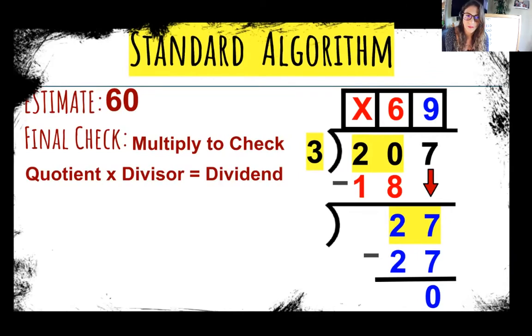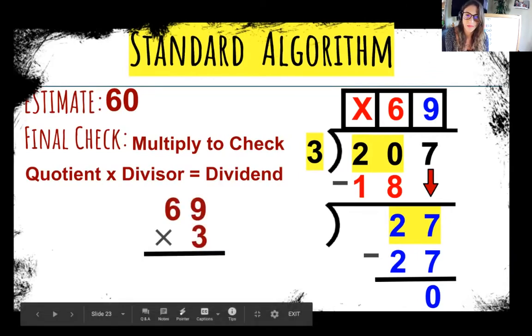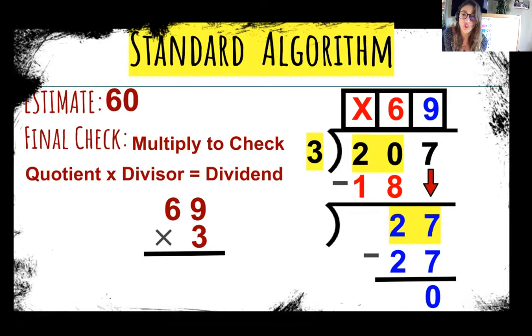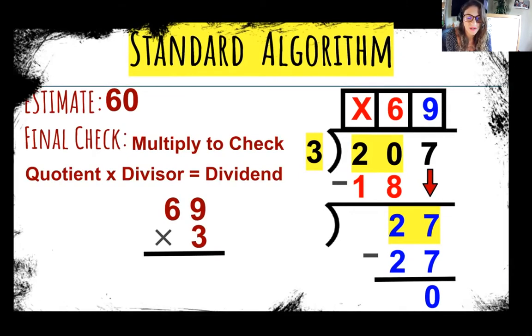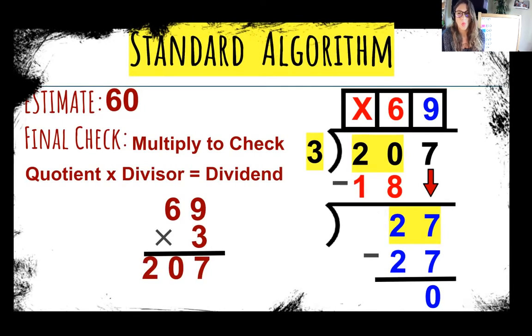So 69 times 3 should equal 207. 9 times 3 is? 27. Carry the 2. 6 times 3 plus the 2 we carried? 20. That gives us 207, and we are in the clear.